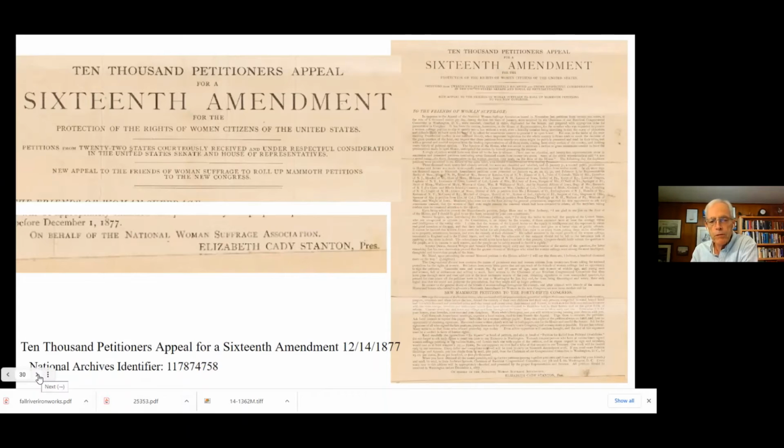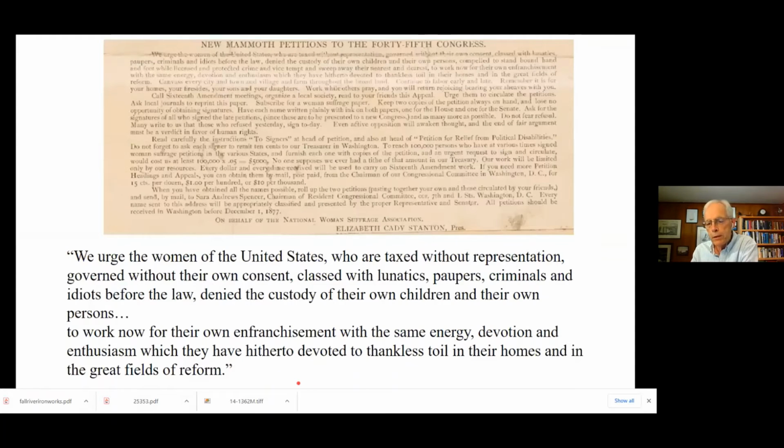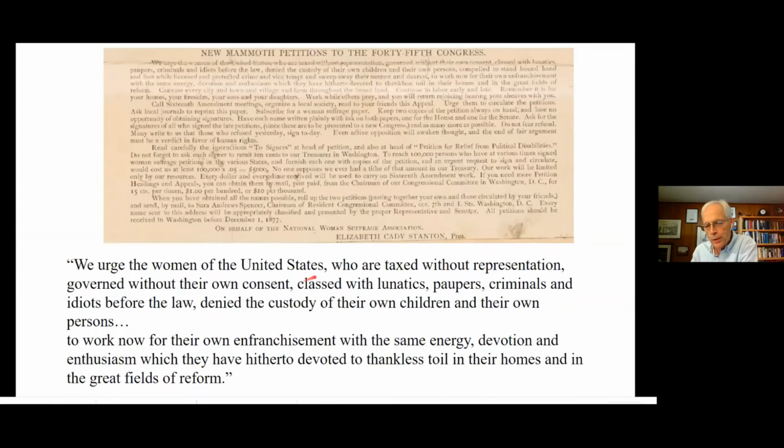And it begs the question of how much public support do you need for Congress to act? And in addition to that number question is, how strong an argument do you need to impel Congress to act? And in this one, they're going to use the same argument they used 12 years earlier, but they're going to strengthen it a little bit.